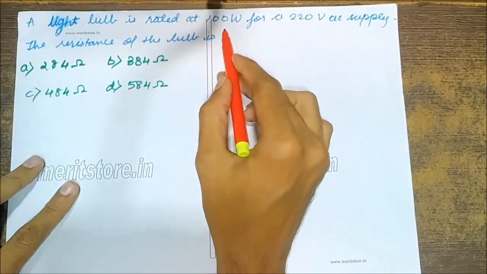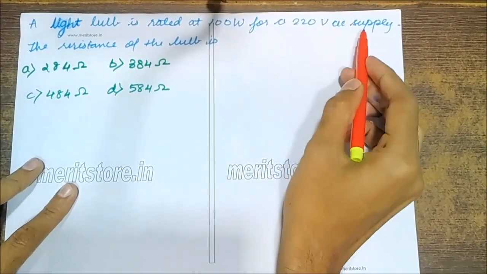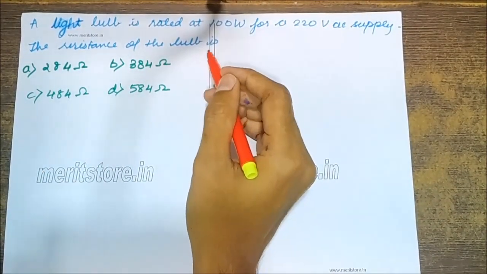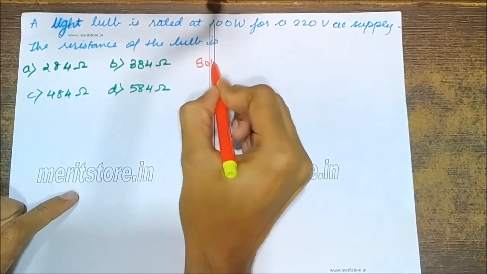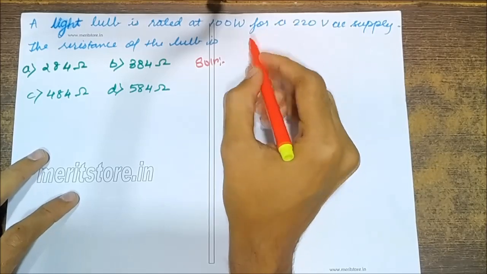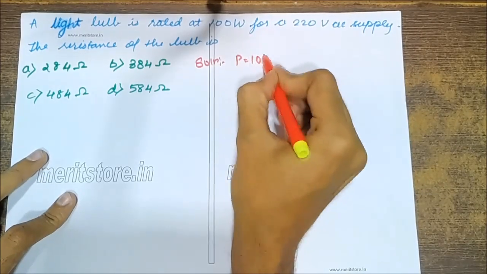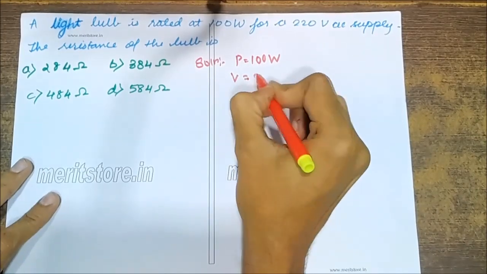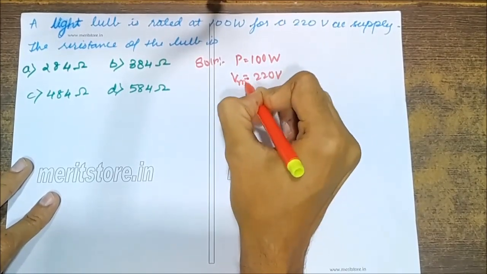A bulb is rated at 100 watt for a 220 volt AC supply. The resistance of the bulb is 284 ohms, 384 ohms, 484 ohms, or 584 ohms. So here we have a light bulb which has a power of 100 watt and a voltage V equals 220 volts. This is the VRMS voltage.